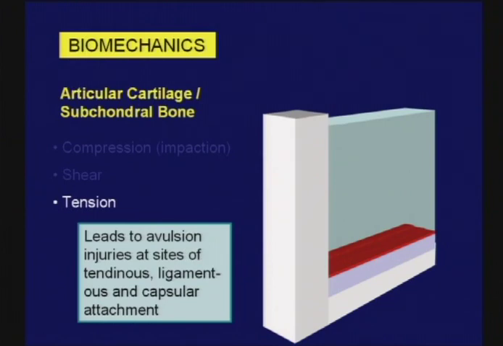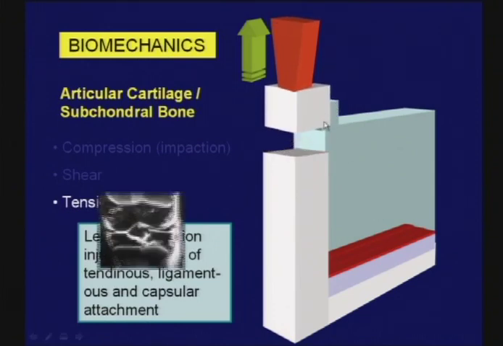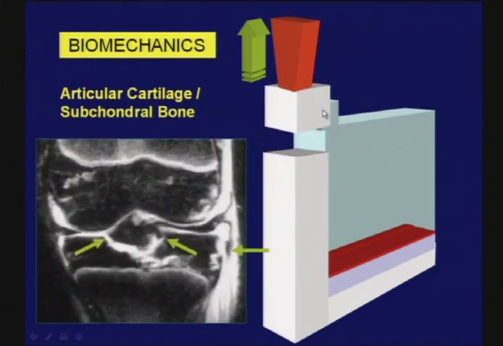But if in fact, as in the knee, we take a very strong ligament, like a cruciate ligament, attaching to the intercondylar eminence of the tibia, we place a very strong force on that ligament, we can pull away portions of the articular cartilage along with the bone.